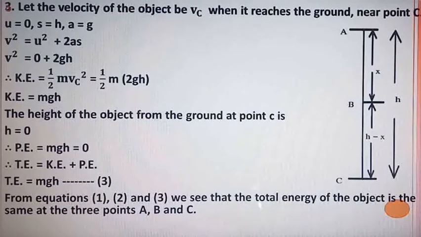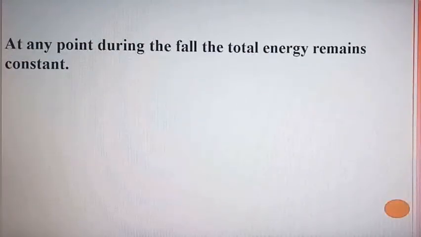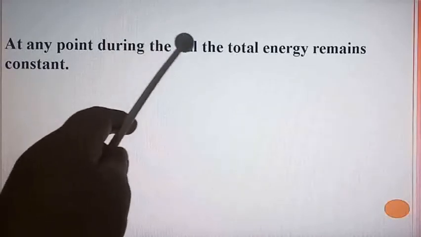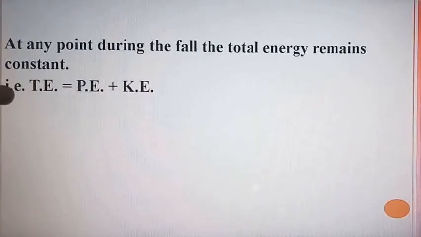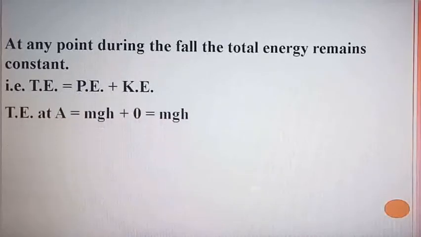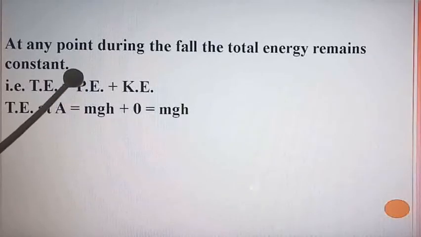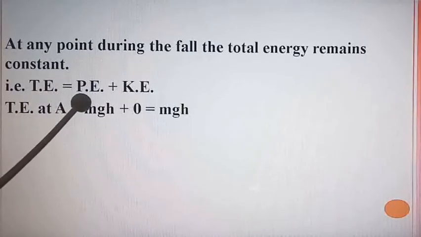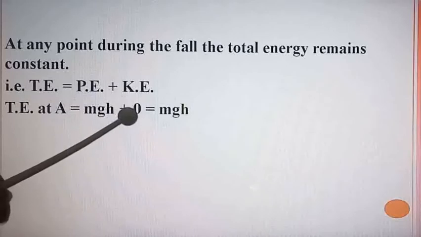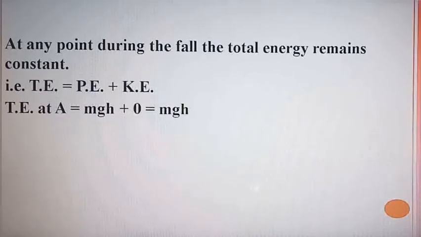What you can see over here is that at all the points, the total energy remains the same during a free fall. So at any point during the fall, the total energy remains constant, that is, total energy is equal to potential energy plus kinetic energy. Total energy at point A: mgh was the potential energy, plus kinetic energy was 0 due to the height, so it was mgh.